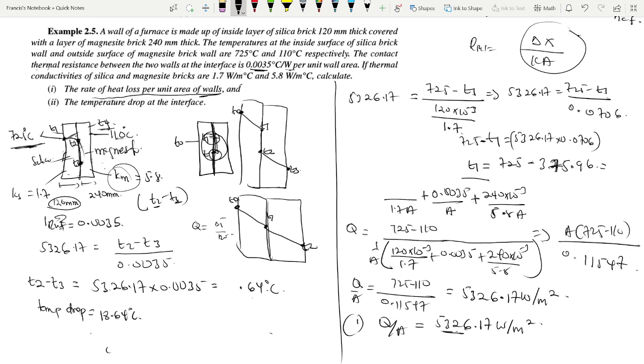So we get T1 to be 349 degrees Celsius. So it means that the temperature here was actually 349 degrees Celsius. So T1, we can write it here, 349 degrees Celsius. Now let's find T2.